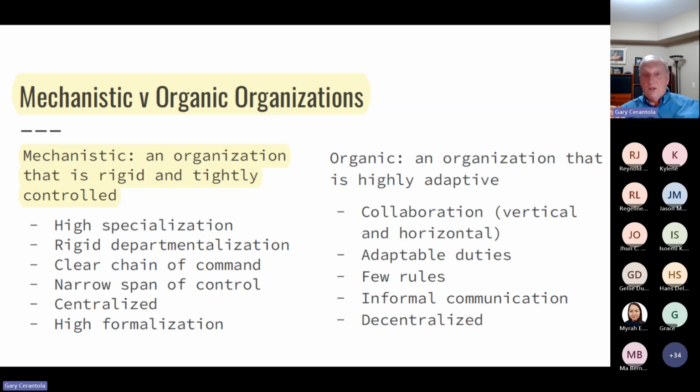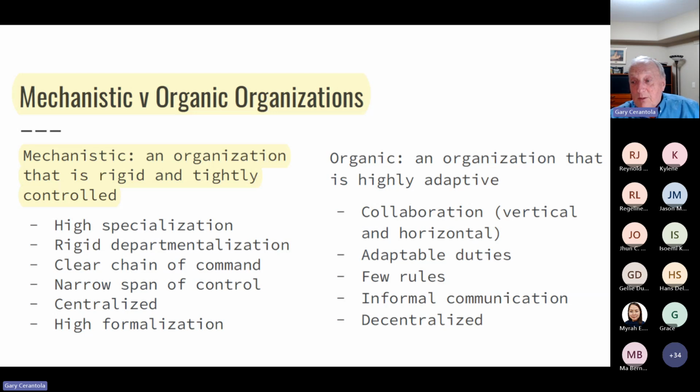On the other side, an organic organization, and if I use Henry Mintzberg's terms, an adhocracy, ad hoc, they're doing things on the fly, because they've got to grow. So there's a lot of collaboration, vertical and horizontal. There's a lot more two-way communication between an employee and a manager, because it's a smaller organization, it's less formal, and it's all about getting the job done. It's all about meeting that goal.